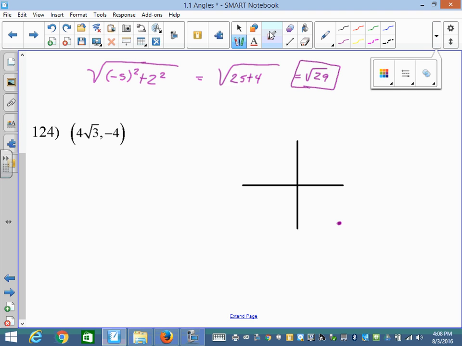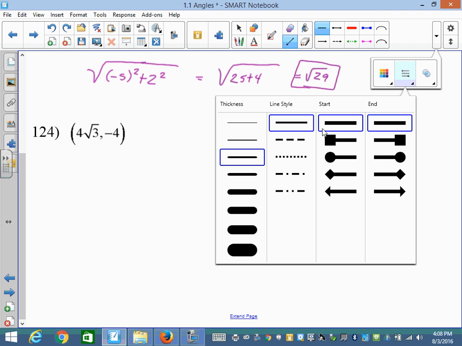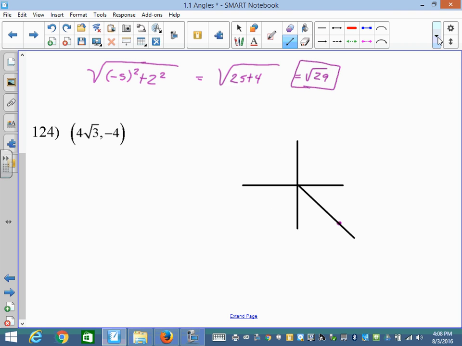I want my line. So if I attach it from the origin down to here, there it is, and then I can identify my angle from here. Remember, it always starts here, and it wraps around.